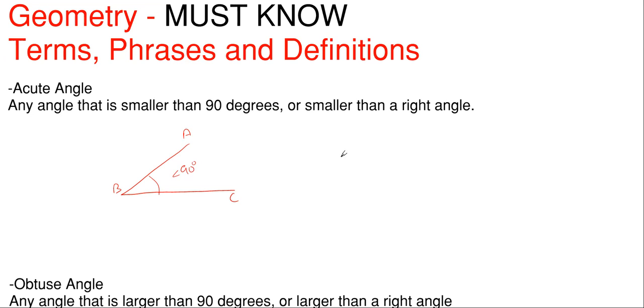So this angle, for instance, could be 2 degrees, or it could be 89 degrees, or it could be 1 degree, or it could be a very small angle of 0.01 degree. Anything between 0 and pretty much 90 degrees would be an acute angle.